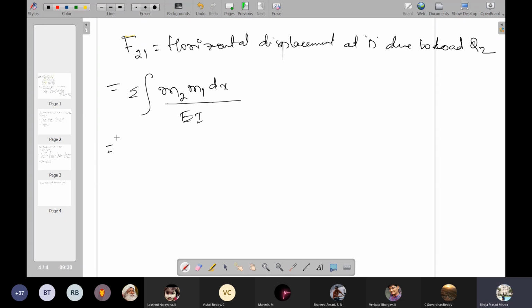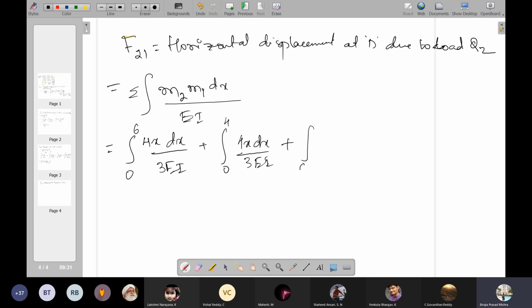So if you put, it is integration 0 to 6, 4x dx divided by 3EI plus integration 0 to 4, 4x dx divided by 3EI plus integration 0 to 6, 4 minus x into minus 10 into dx divided by 2EI.